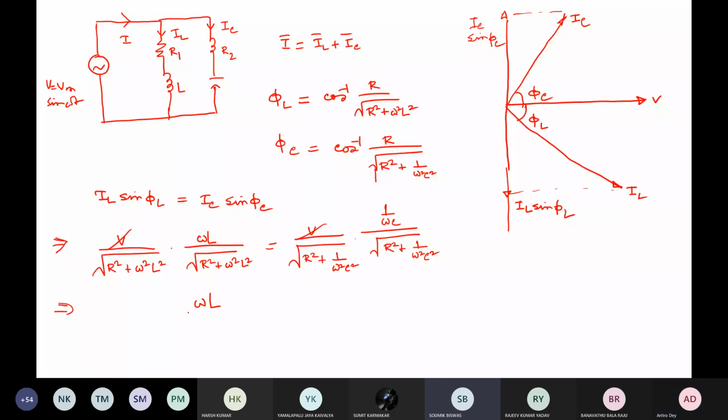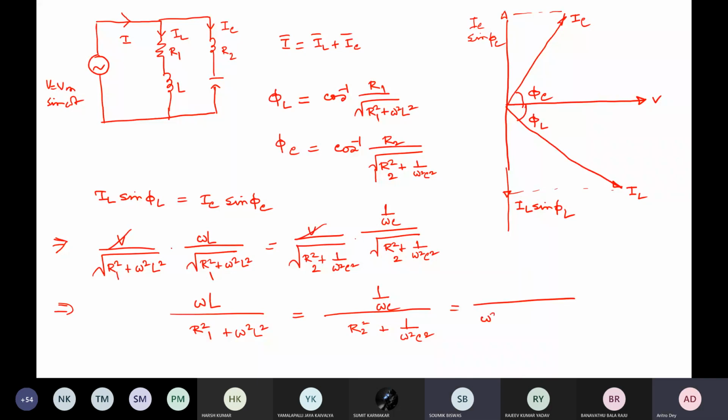This is R2, R2, R2, R1, R1. So R1 square plus omega square L square is equal to R2 square plus 1 by omega square C square, times 1 by omega C. So now if we have to multiply it with omega square R2 square C square plus 1, it will be omega C, isn't it, in the numerator?